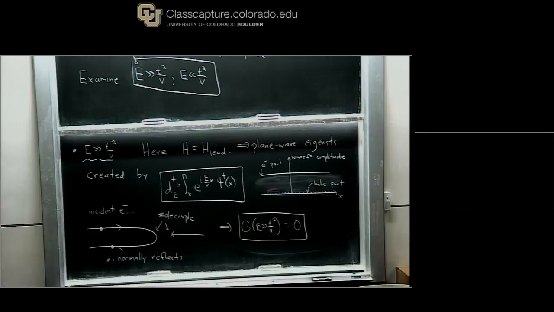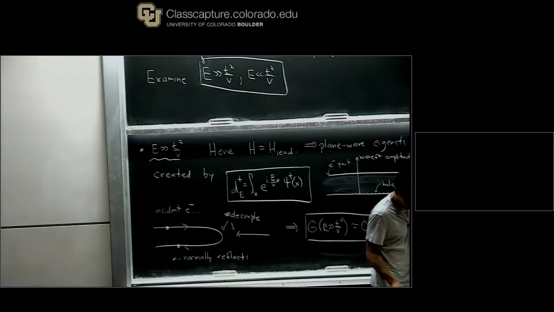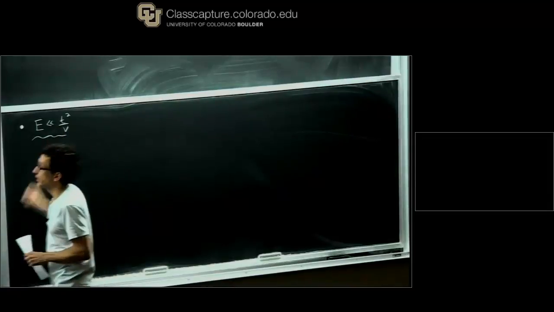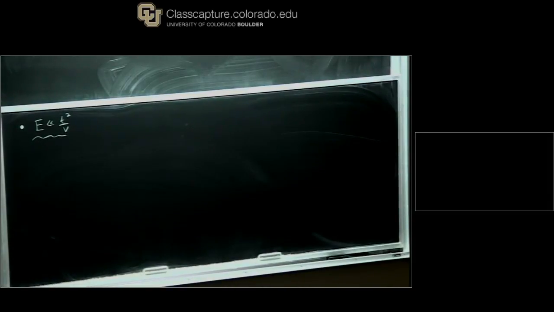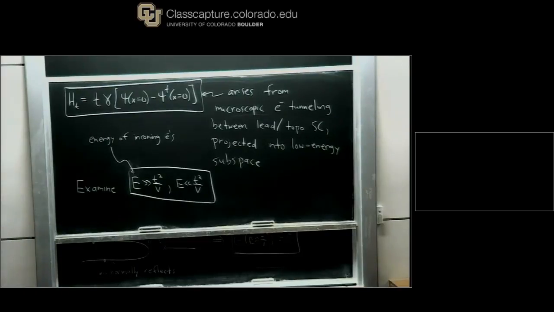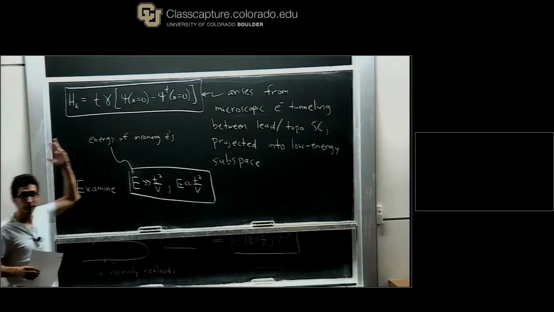Everyone happy? Okay. All right, so let's now try to look at the opposite limit where E is much less than t squared over v. In this case, I need to consider ht more seriously. And to sharpen the problem, why don't we think about constructing zero energy wave functions, and we can take the limit where, let's say, that coupling t goes to infinity.